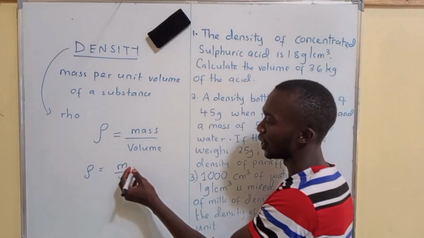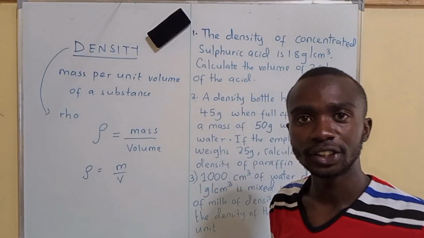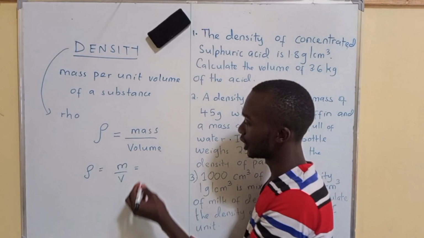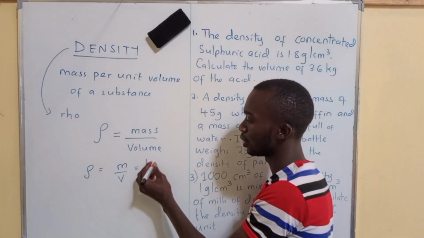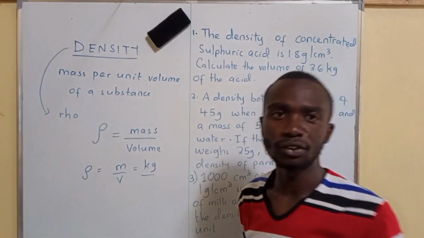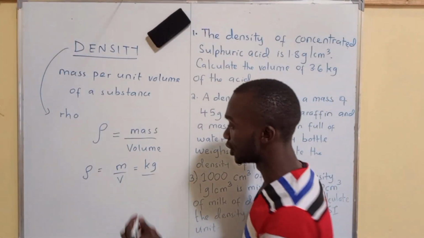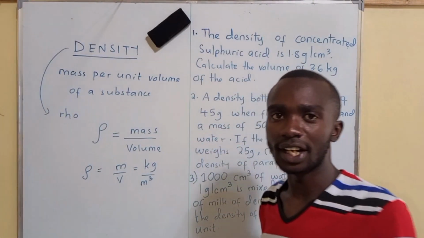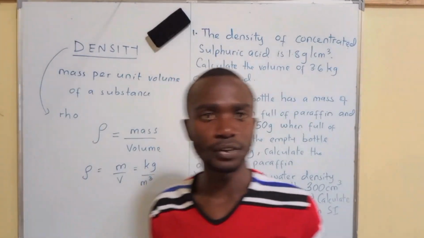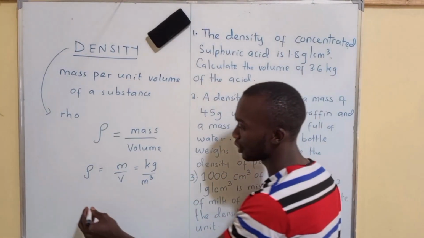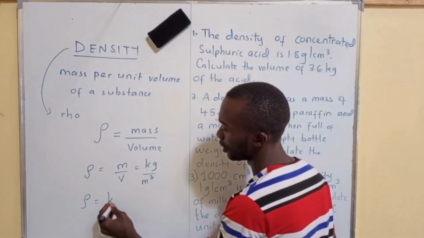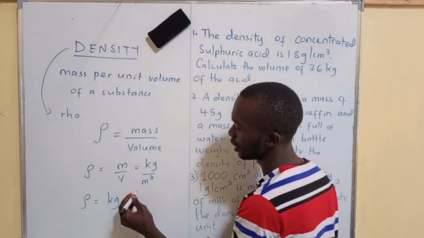So the SI unit of mass is kilogram, and the SI unit of volume is cubic meter. This brings us to the point that the SI unit of density is always kilogram per cubic meter.